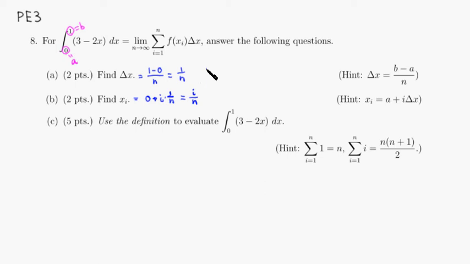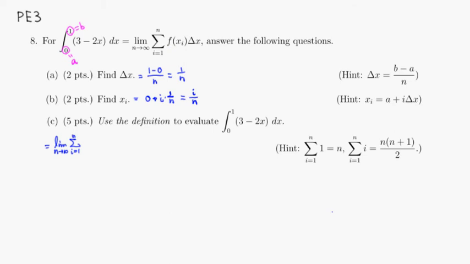So if you want to evaluate this definite integral, the integral sign becomes a limit of a sum. So you have the limit as n approaches infinity, summation i goes from 1 to n, then f of xi.